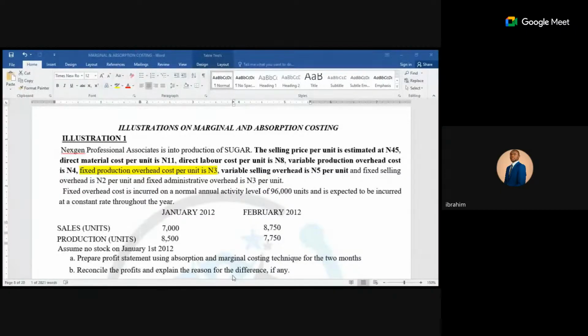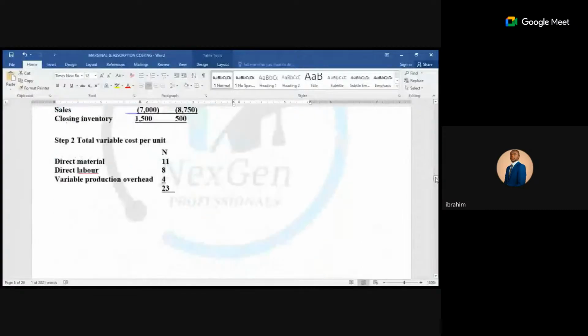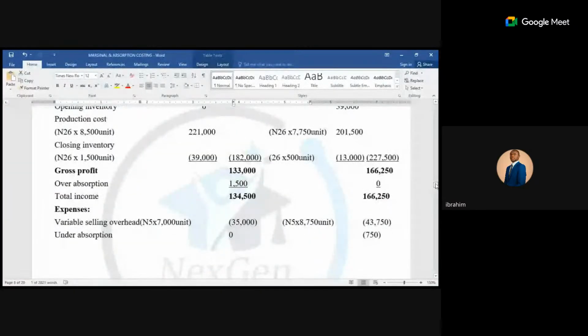Okay. So which other costs do we have? We have fixed selling overhead. Fixed selling is per unit. You can see in this question they didn't give you the value, they just say per unit.